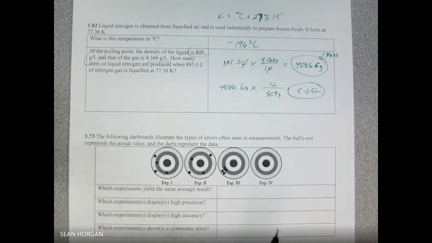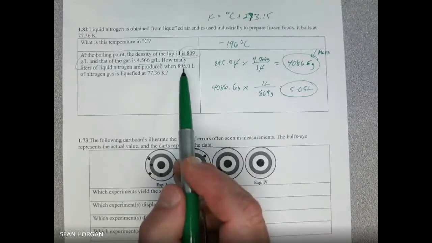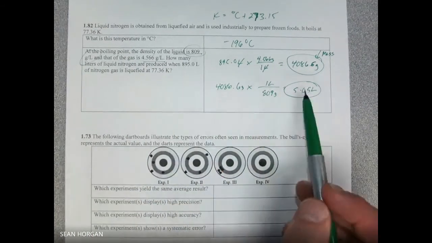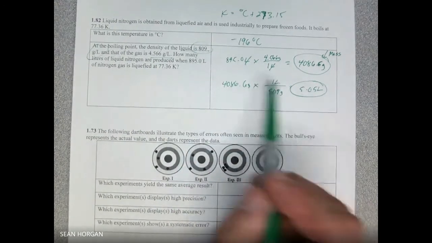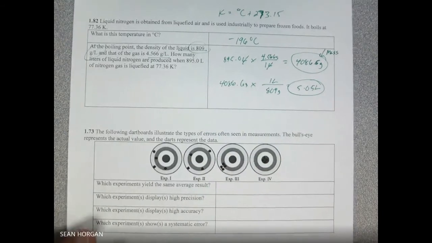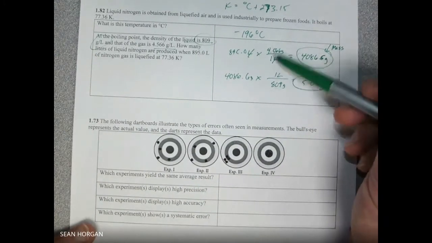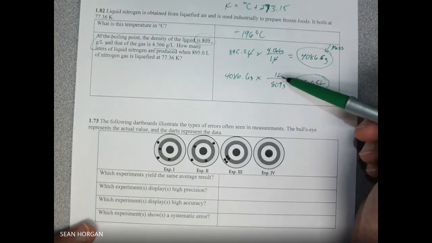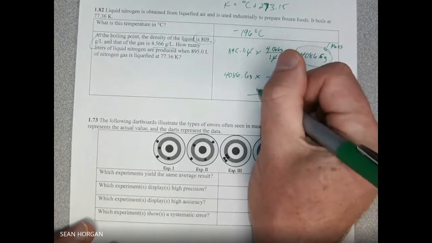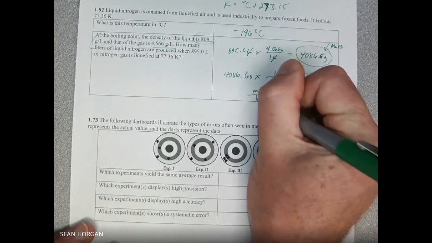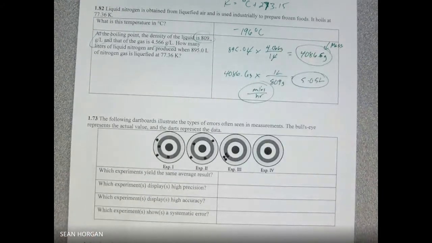So if it occupied this much room as a gas, it occupies this much room as a liquid. That's a big difference, because gas has to be spread far apart. The big thing here is that we're using density as a conversion factor. Anytime you have something written as a ratio, like miles per hour, you have a conversion factor.